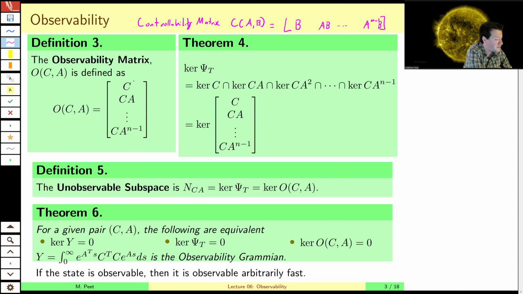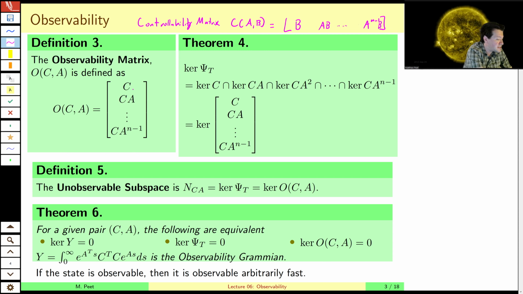Here we have maybe a skinny matrix, as in a tall matrix. And here this is a fat matrix, or a wide matrix if you prefer. Where C here gets put in front of everything. And then we have a state. You can think of this again similar to how you thought about the controllability matrix.